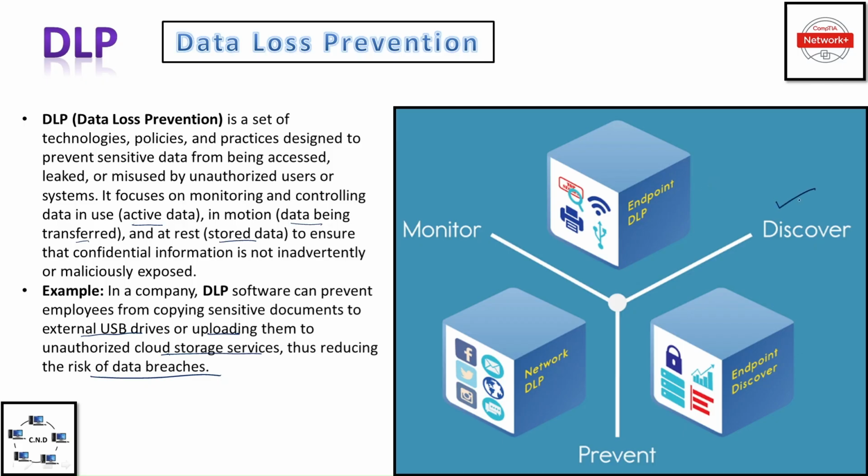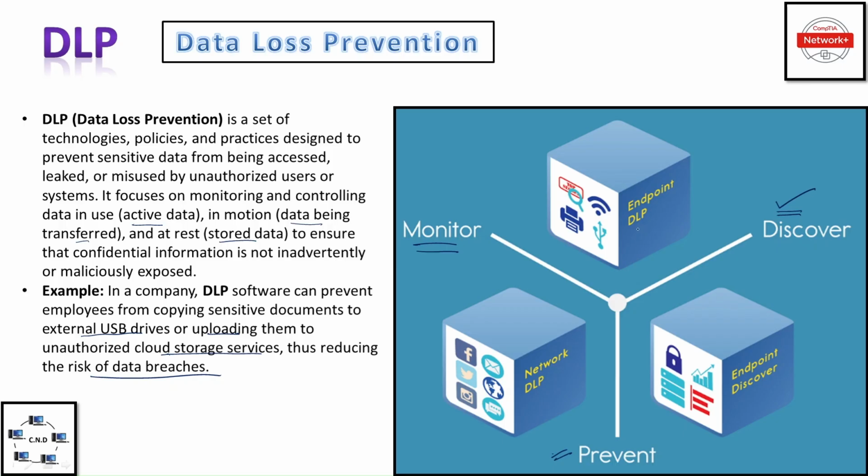First, all the data assets or data types are discovered when you configure the DLP. Then these assets or data are continuously monitored. And when unauthorized access, leak, or exfiltration is detected, it is actively prevented.